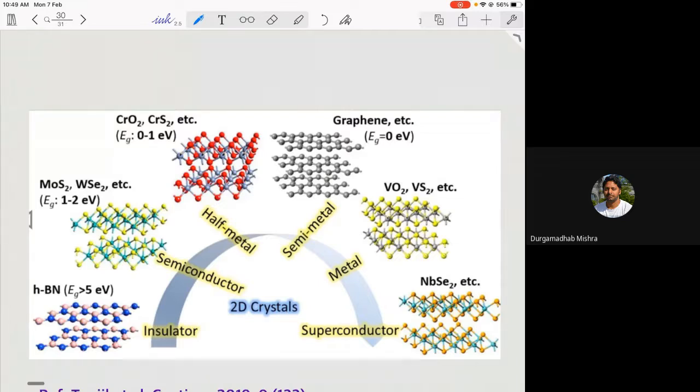So 2D materials can behave almost like three-dimensional materials in terms of their band gap and electrical properties, and that is why they are interesting. In future, we will see more and more of these materials being used in many devices.